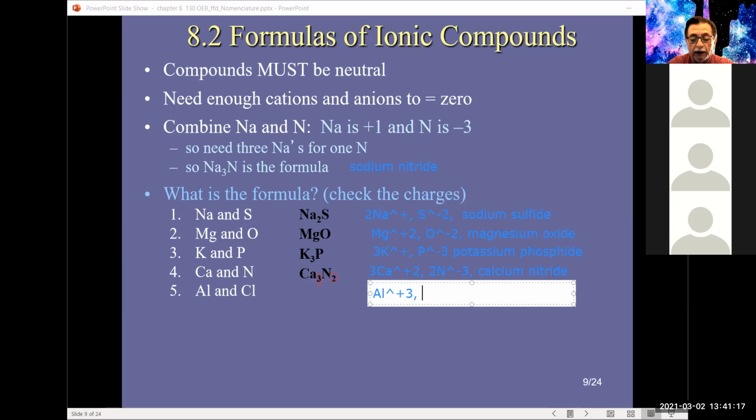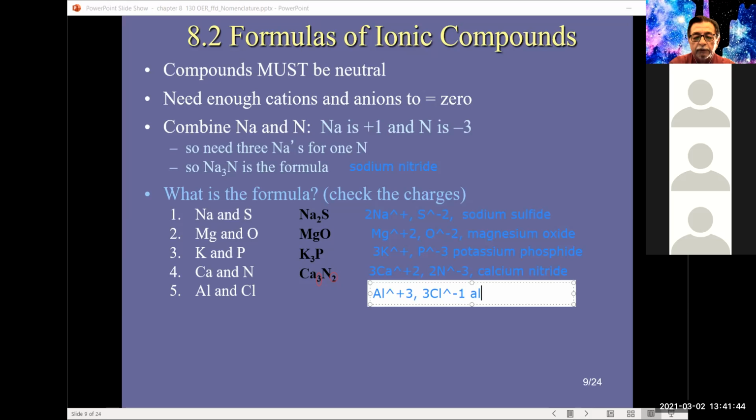And chloride, being in group 7, will have a -1 charge. Now we're going to put them together such that the charges cancel out. So that means that I need 3 chlorides to cancel out the +3 of aluminum.